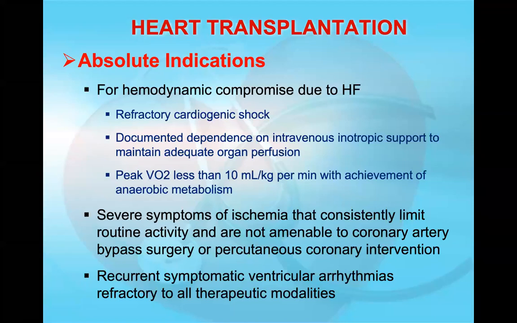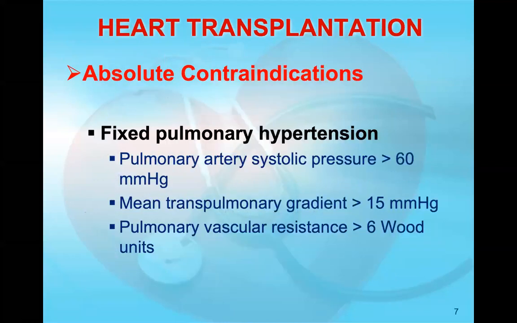As I mentioned, malignant ventricular tachyarrhythmias are an absolute indication. Pulmonary hypertension: there are two types, reversible and irreversible. For the reversible one, the patient is taken to right heart cath and we get several readings, tracings for PA systolic, diastolic, and mean, with the TPG, the left atrial pressures, and the ventricular and right pressures.